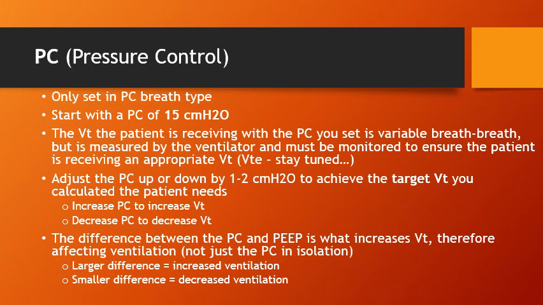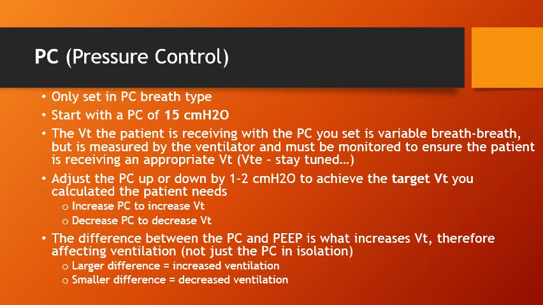So the next setting we're going to talk about is the pressure control. We abbreviate that PC, and I'm sure you're thinking, well, we already talked about pressure control, and you're right, we did. We talked about the pressure control breath type. And so if we choose that breath type, we also have to dial into the ventilator an actual pressure control number, or a numerical value that is a unit of pressure.